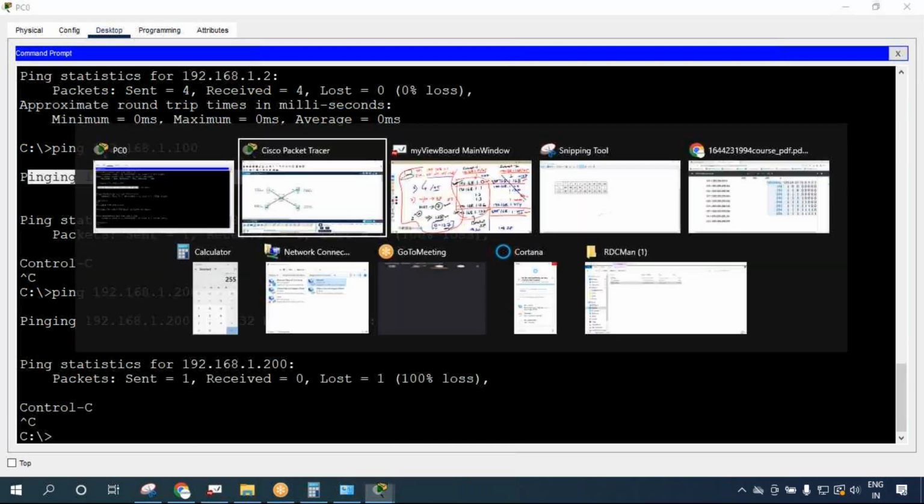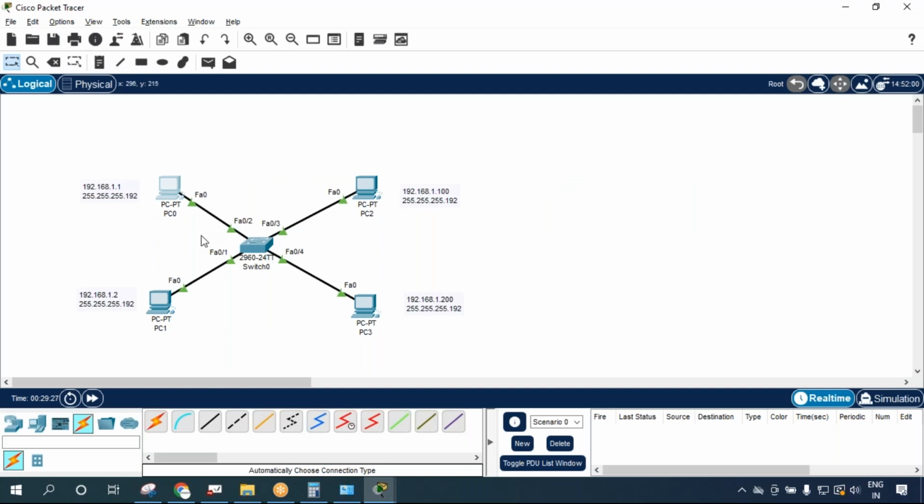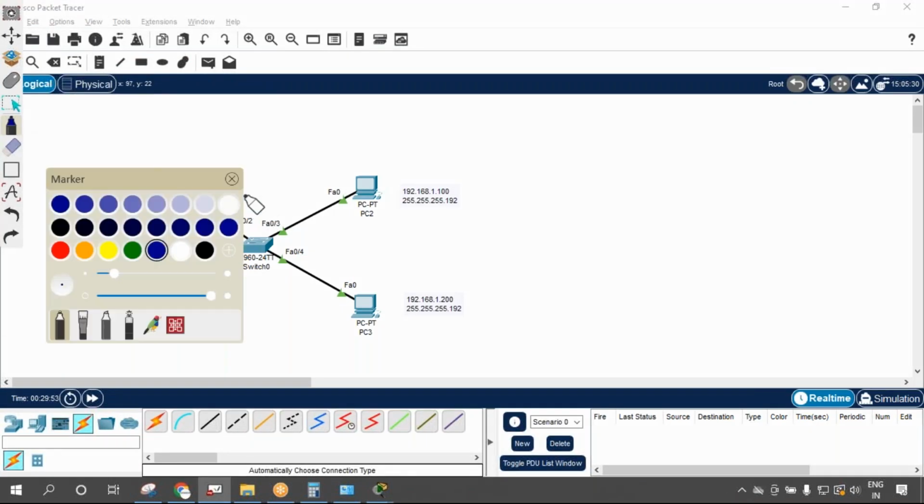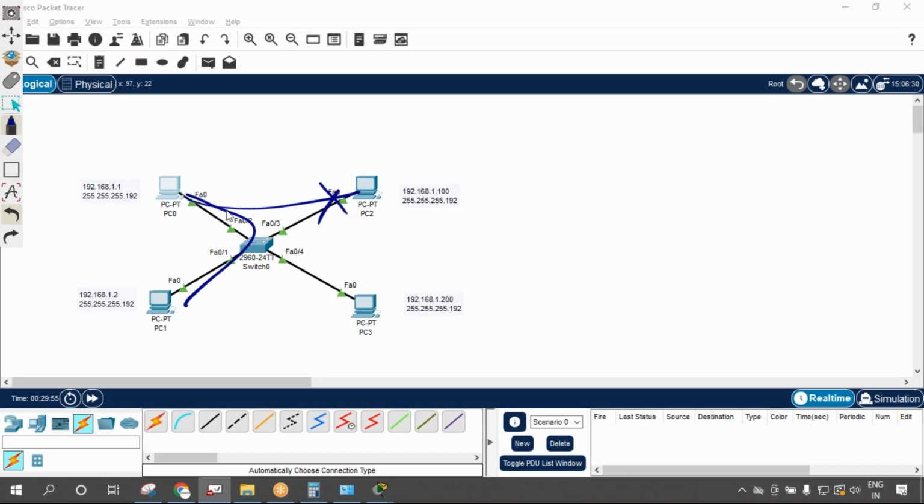Why am I not able to ping? Because we have changed the subnet mask. Just go ahead and check. You are able to ping 1.2, but not 1.100 and 1.200. Why are we not able to ping? That's what we have to see on the whiteboard. Why is 1.1 able to ping here and not here? Let's see.